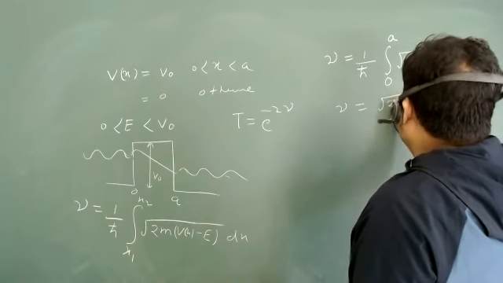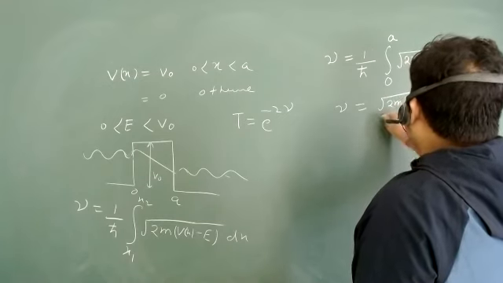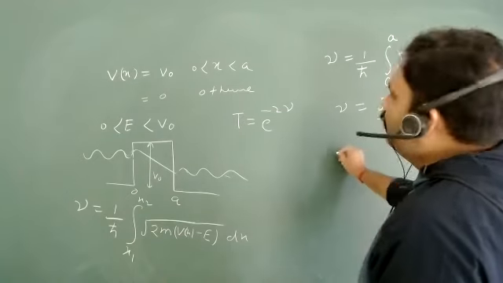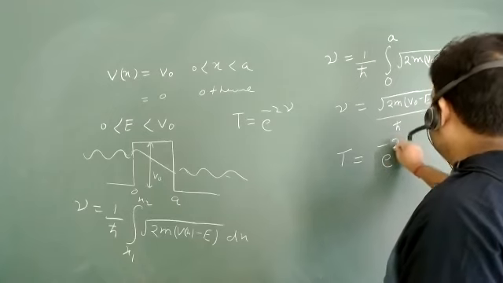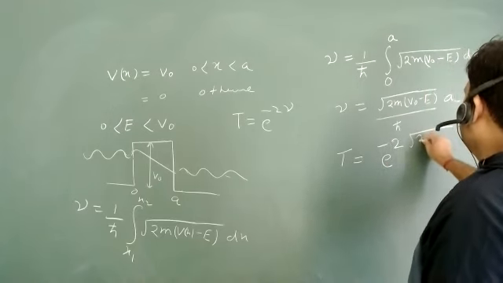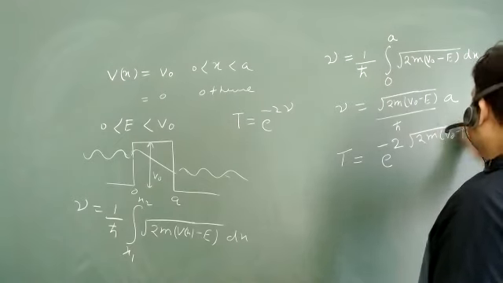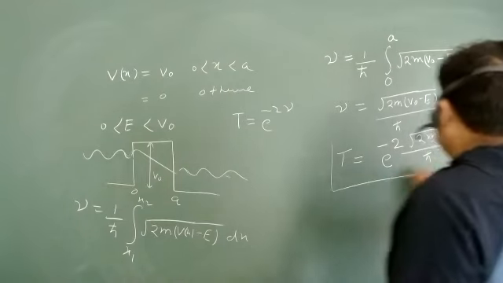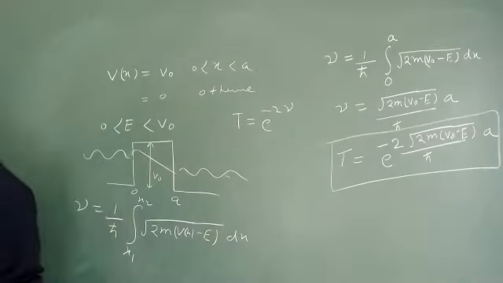So gamma is root under 2m (V naught minus E) upon h cut, into a. And my tunneling probability in this region is e to the power minus 2 root under 2m (V naught minus E) upon h cut, into a. This is my tunneling probability. So it's very simple, isn't it?